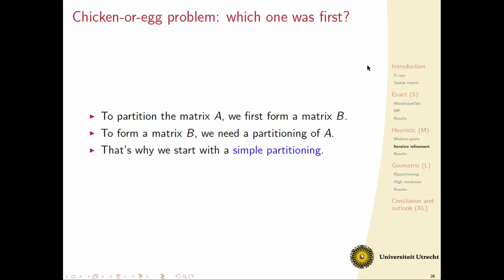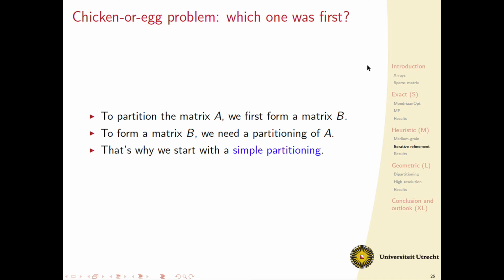Okay, so what we did was we started with a split, a simple partitioning, to create a partitioning. So it's a chicken or egg problem. What is first? We needed a partitioning, and the only way we could get it was by having a simple partitioning.